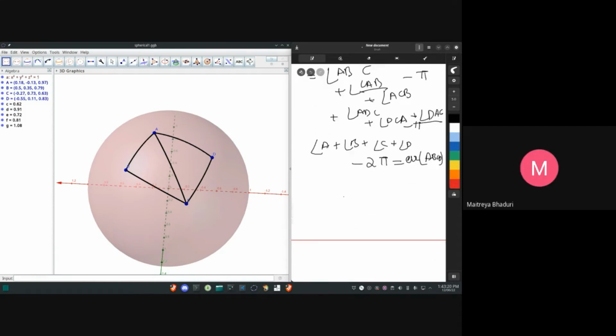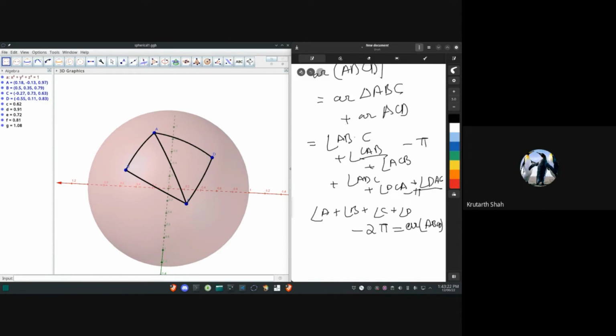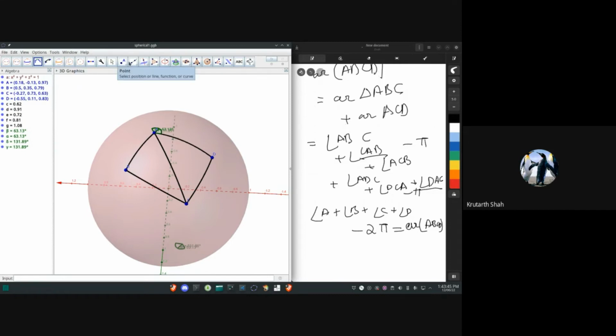How do you prove it? You can consider the tangents and generalize it to proving on a plane.